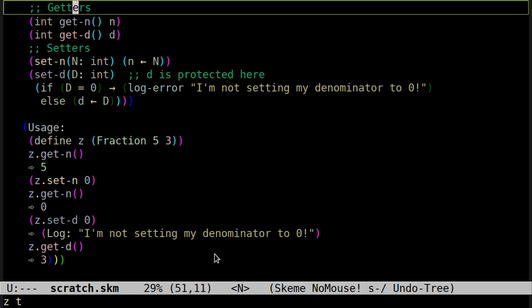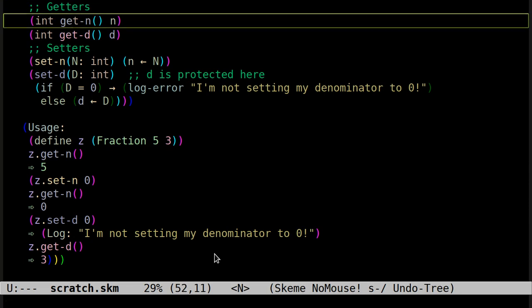And then you have the getters and the setters. Earlier I said that objects cannot expose their fields, so you must have these methods for an object to express itself.